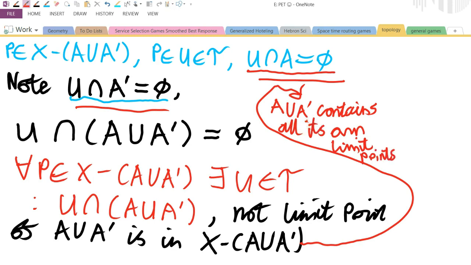And what does that mean? Well, according to proposition A, when a set contains all its own limit points, it's closed. So this then directly implies that A union A dash is closed, which finishes our proof.